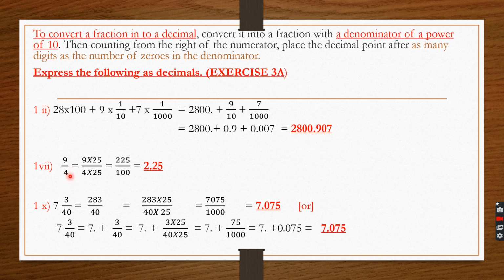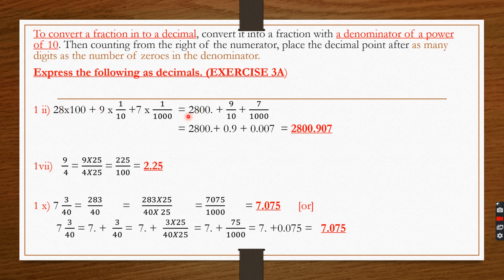The 4 can be converted into 100. 4 cannot be converted into 10. Therefore, the next nearest multiple of 10 is 100. Therefore, to make 4 as 100, you have to multiply by 25. Therefore, the numerator also has to be multiplied by 25. Therefore, we are getting 225 by 100 is equal to 2.25 as the decimal form.